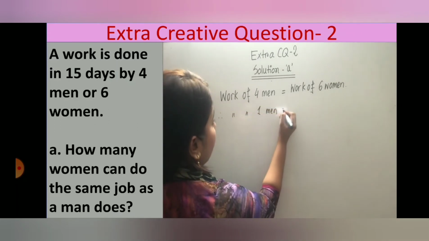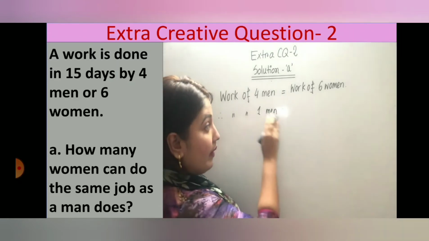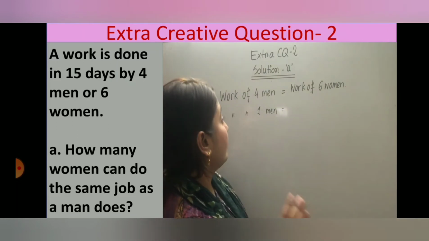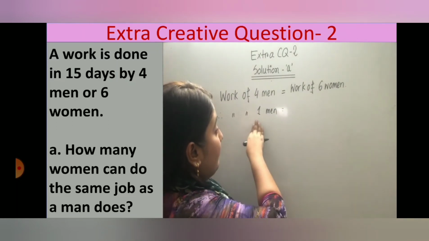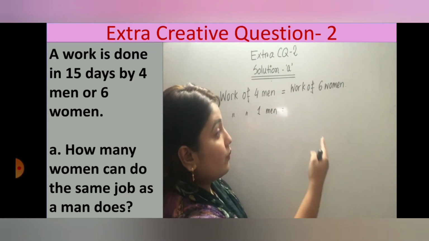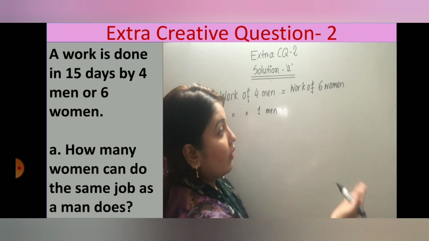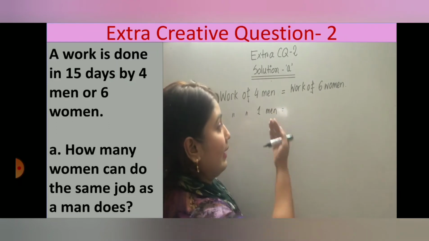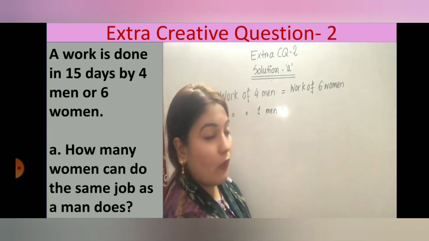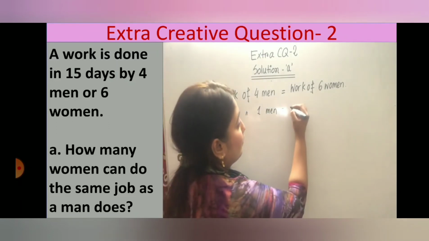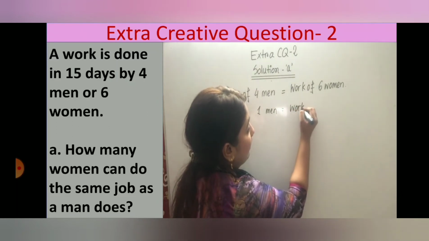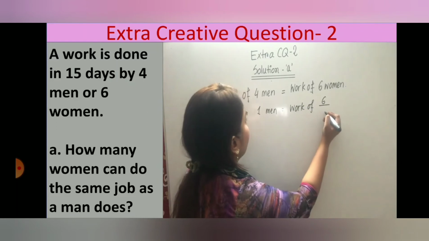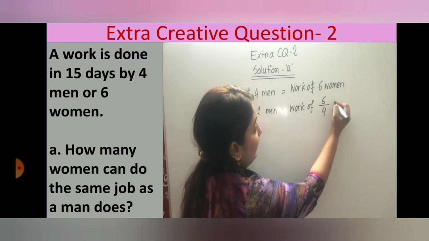can you guess, the work that is done by 4 men can be done by 6 women. So if the work is done by 1 man, will it require more women or less women, my dear students? Yes, as the number of men is reducing, the number of women will also reduce. So we will require fewer women than before. So it will be division. We will divide 6 by 4.